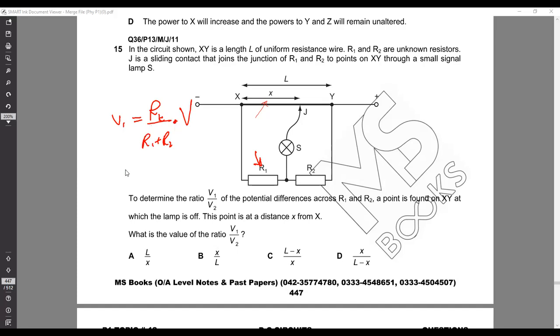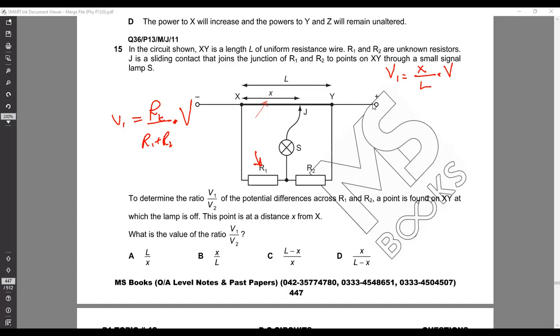But with the length, they said that it's a balanced length X. So the same potential V1 in terms of the length can be written as V1 is equal to X over L into V.